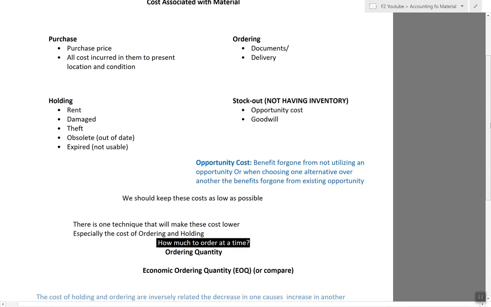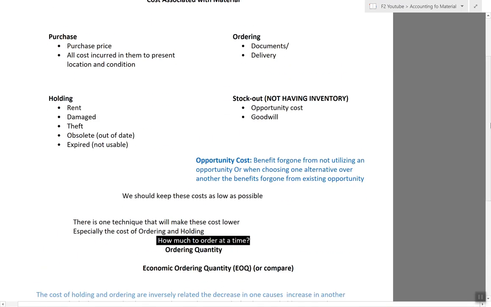So one thing that will help us reduce these costs is economic order quantity. Economic order quantity helps us reduce the cost of ordering and holding. It doesn't guarantee the purchase price or stockout. It guarantees that the holding cost and ordering cost will be reduced. Economic order quantity. What is order quantity?